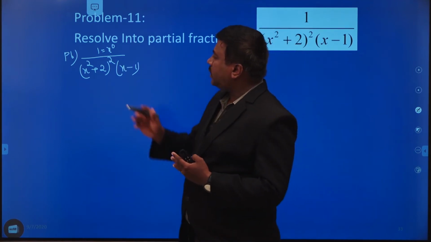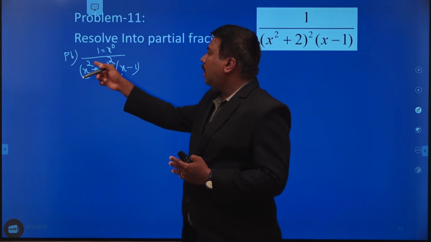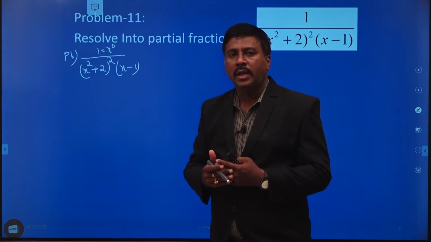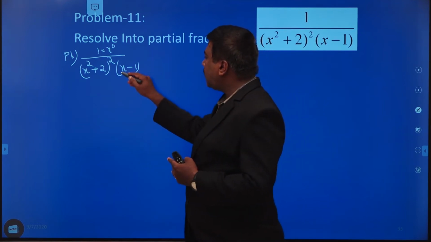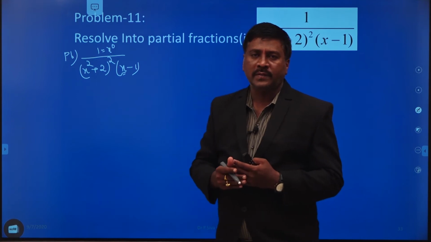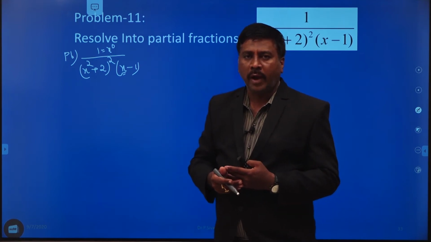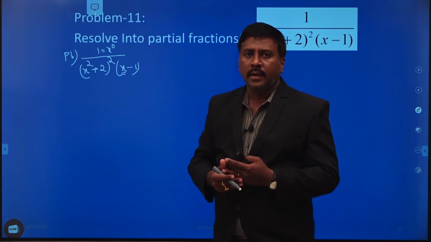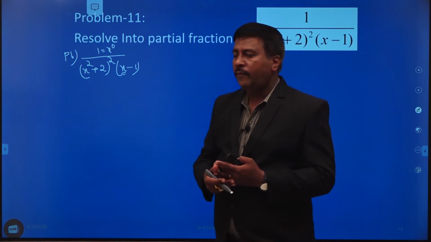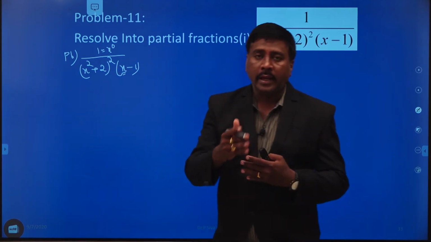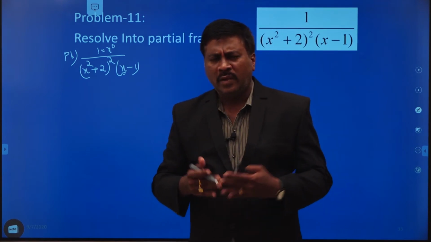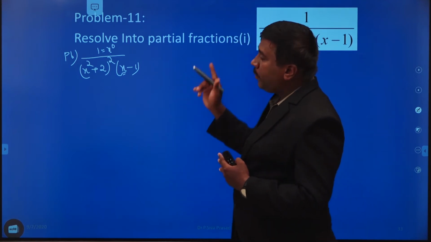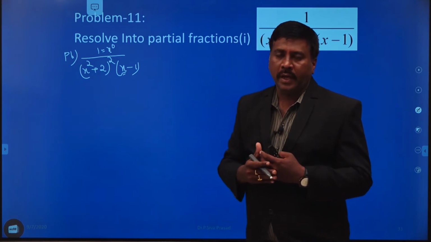Now in the numerator the power is 0, whereas in the denominator, expanding x square whole square, we get x to the power of 4, and x is also there. When I multiply with x power 4, then automatically we get x power 5. Therefore, the highest power in the denominator of g of x is 5. Therefore, this problem comes under the category of a proper fraction. Therefore, this problem is eligible to resolve into partial fractions.